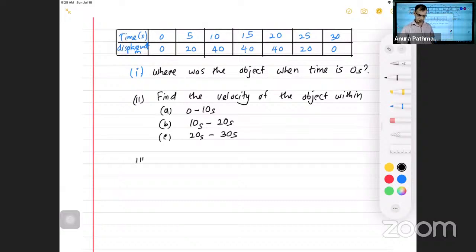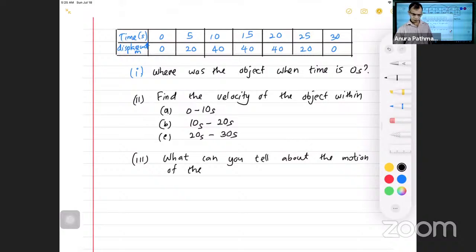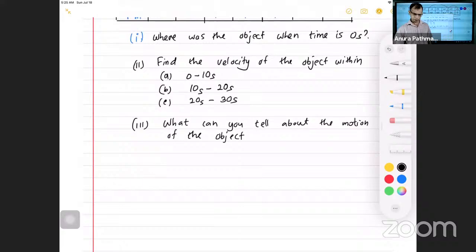Question number 3. What can you tell about the motion of the object in A, B, C occasions mentioned above?